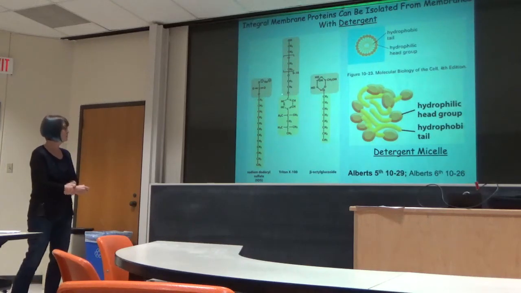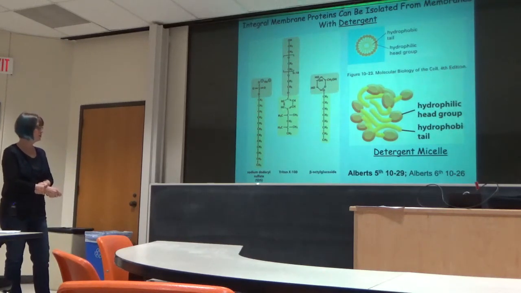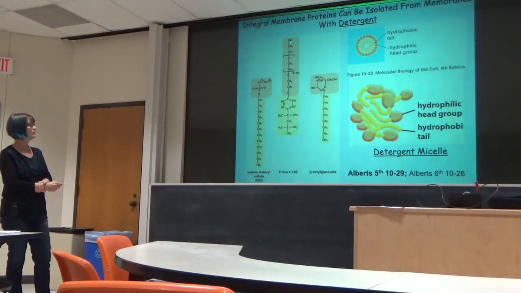If you compare the structure of this gentle detergent, Triton X100, with the strong detergent, SDS, you see that it has a shorter hydrophobic portion, and it has a polar head group that is not charged. It's polar because of that little OH group right there, whereas SDS is charged.